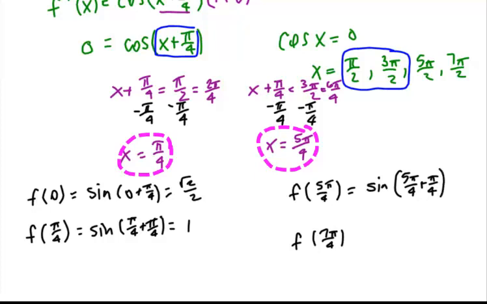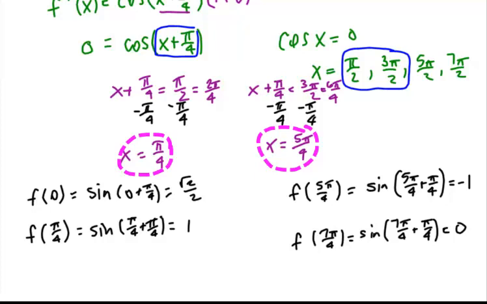That's 6 pi over 4, which is the same as 3 pi over 2, and the sine of 3 pi over 2 is negative 1. And then 7 pi over 4 plus pi over 4 is 8 pi over 4, which is 2 pi, and the sine of 2 pi is 0.